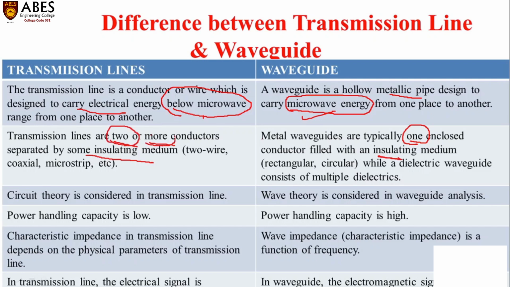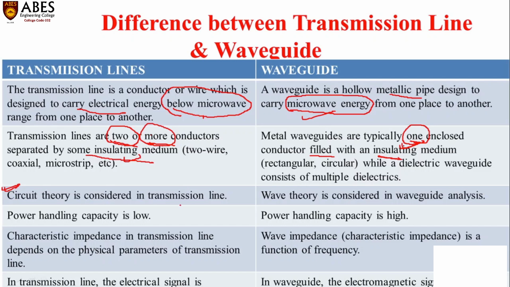Here it is two or more, and in the waveguide it is one. In both we have an insulating medium. Here the two conductors are separated by an insulating medium, and here the conductor is filled with an insulating medium. Now, the transmission line is basically associated with the signals below the microwave range, that is of the electrical one.